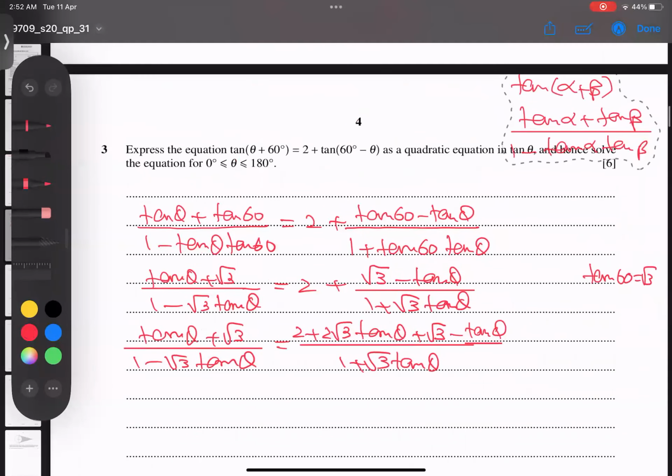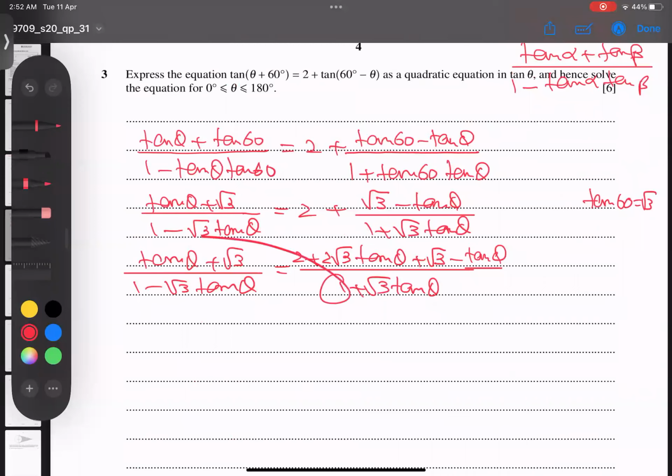Okay, and now I can do the cross easily. So 1 multiply both, I get here tan theta plus √3. So this multiply with both: plus √3 and tan square theta. When this multiplies with this √3, it gives 3 only. So 3 tan theta, this is over.